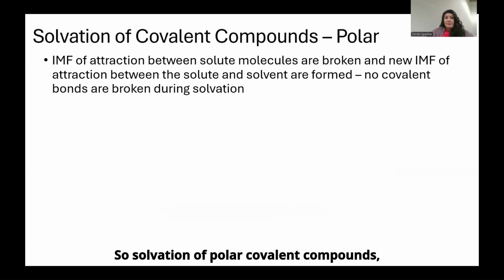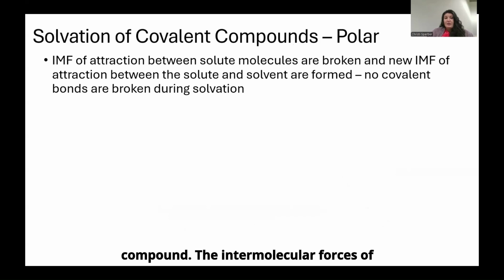So, solvation of polar covalent compounds. Intermolecular forces of attraction between the solute molecules are broken when you introduce two polar covalent compounds together, a polar covalent solute and a polar covalent solvent.